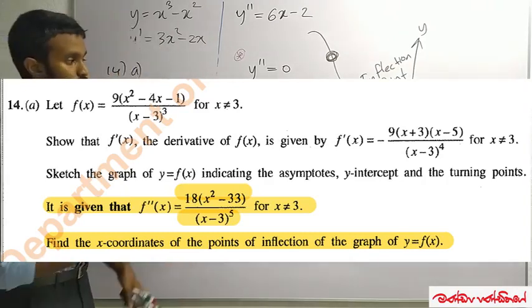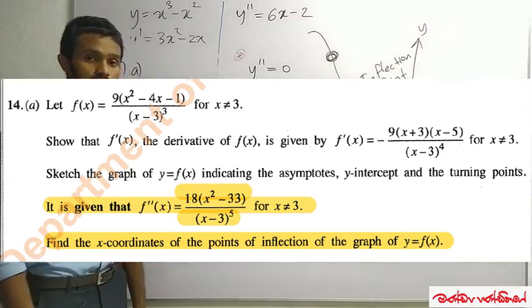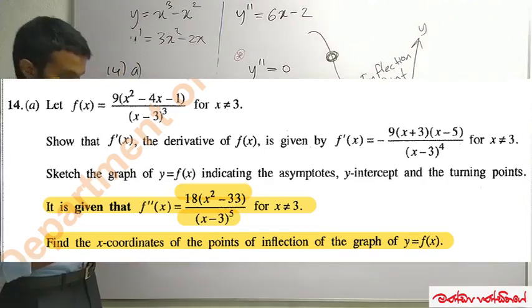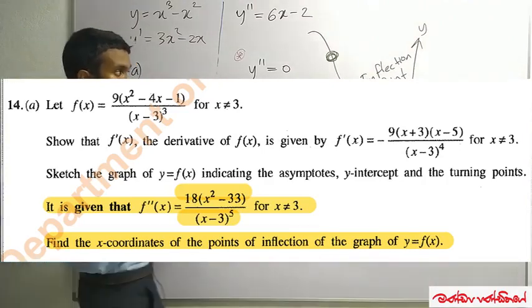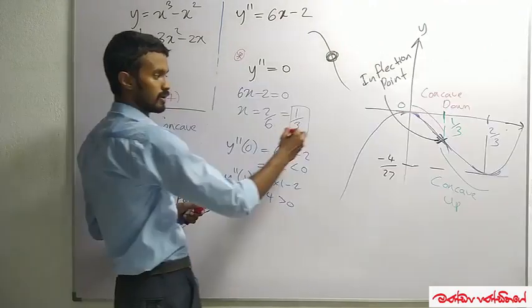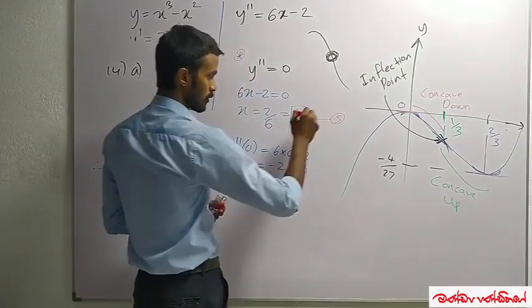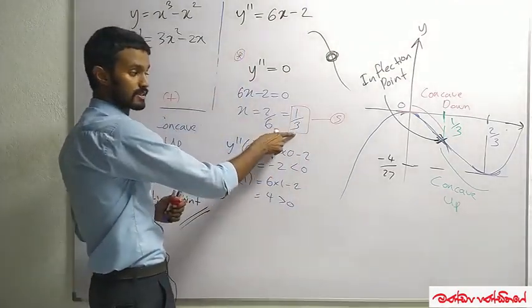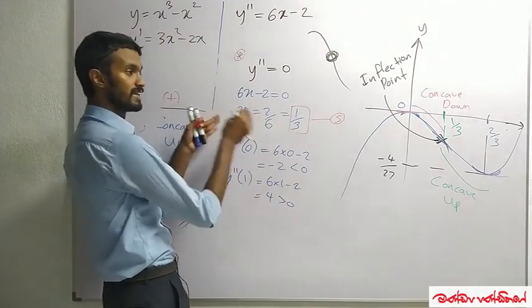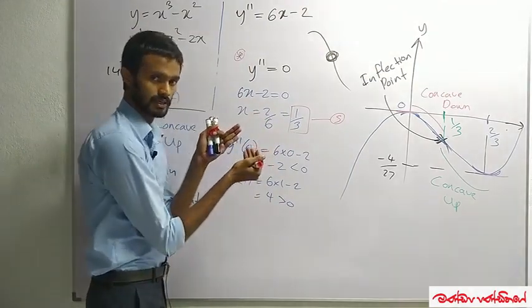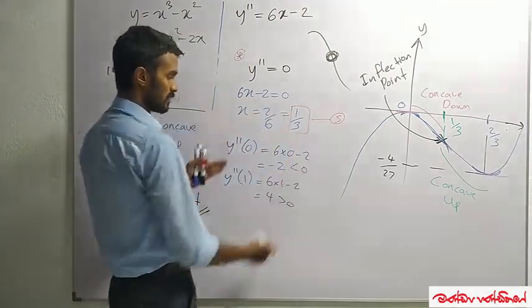In the marking scheme, for making y double dash equals 0, we get 5 marks. This is not the final answer. We can't state this as the final answer. We are just finding what can be an inflection point. For that we only get 5 marks.